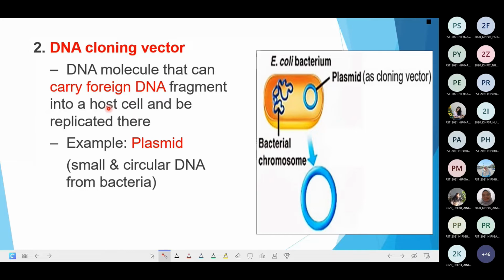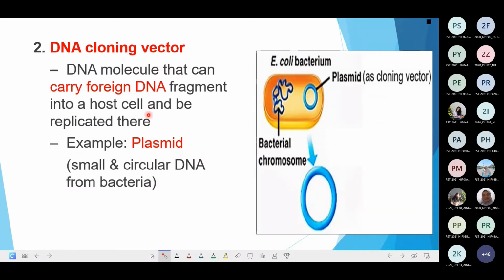And when the cell reproduces rapidly, the gene of interest will be multiplied, will be made into many copies. So that cell will be known as the host cell, and we will talk about this later. This is also a tool. The important thing now is we will be talking about this cloning vector that will be carrying the gene of interest into the host cell.